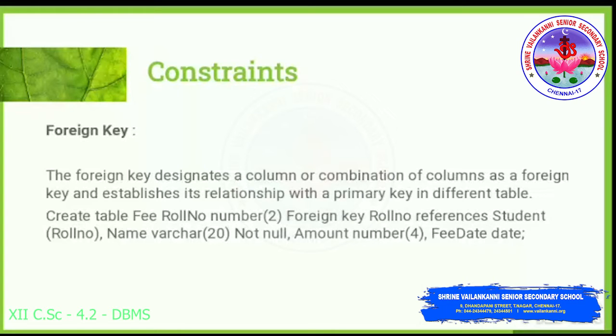Roll number references student, that is the relation where the attribute roll number is a primary key. So, the roll number of student is taken as a foreign key inside the table C, and the same attribute name is given here also. So, we have roll number in C, which is of data type number.